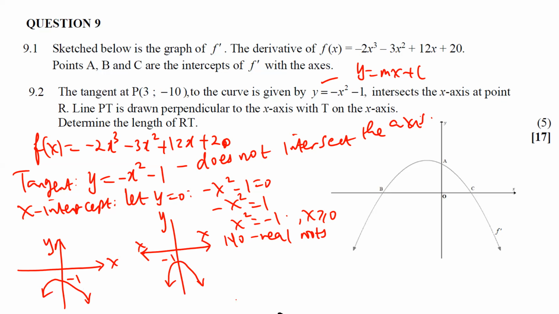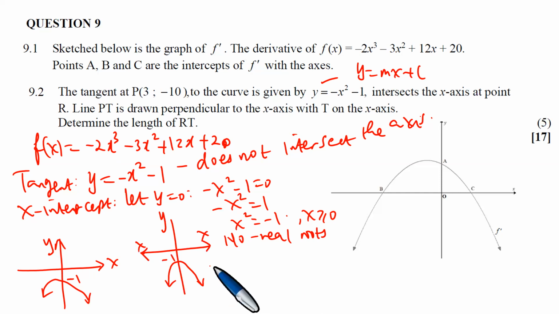Okay, so it does not cut the x-axis, right? It does not intersect the x-axis. So the examiner had said the tangent at this point to the graph is given by this intersects the x-axis at R. It does not intersect the x-axis.